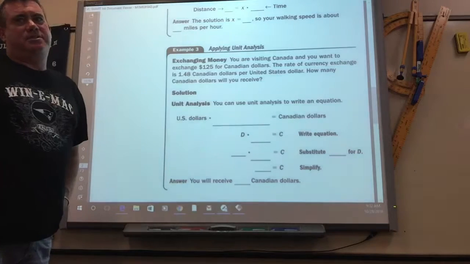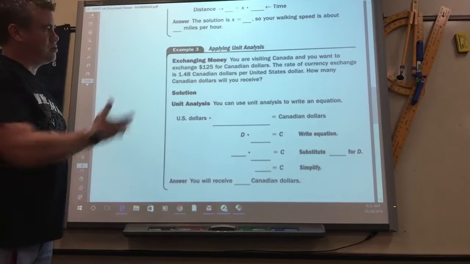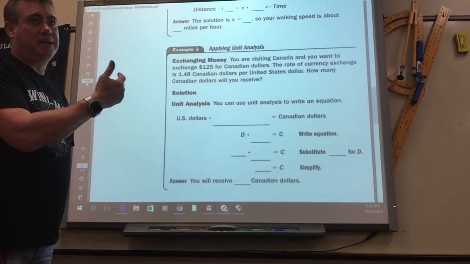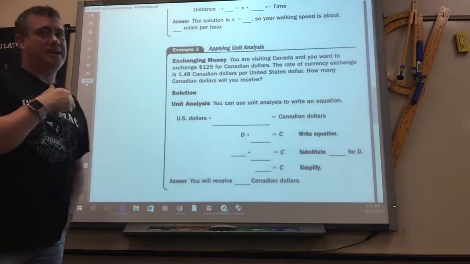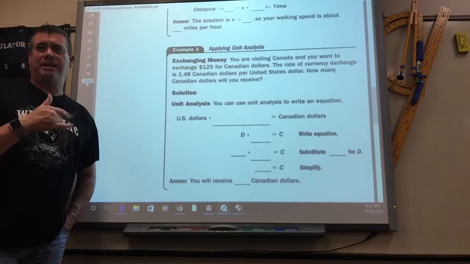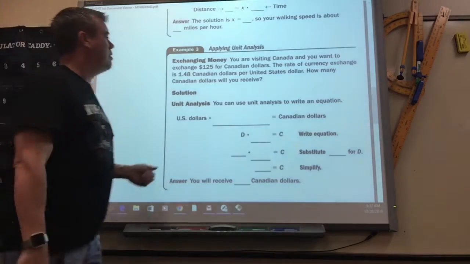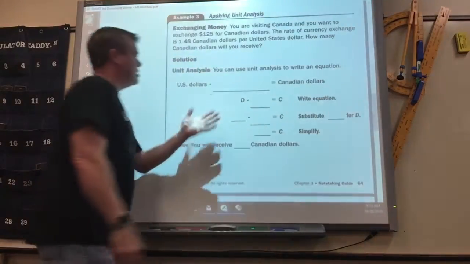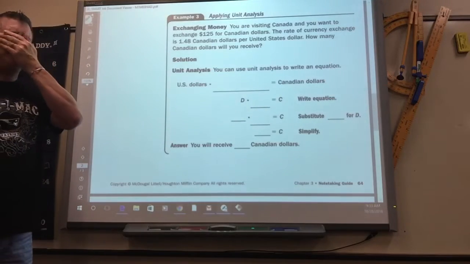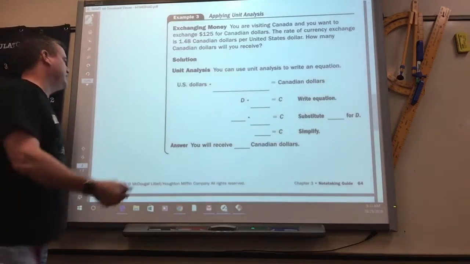Unit analysis. You do this a lot in science. This one's a money one, so you wouldn't do this in science, but there's dimension analysis. I don't think you're doing it yet in your science class, are you? That you know of? I'll just give you an example of something similar to what you do in science.